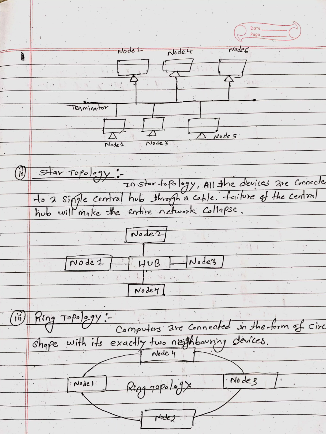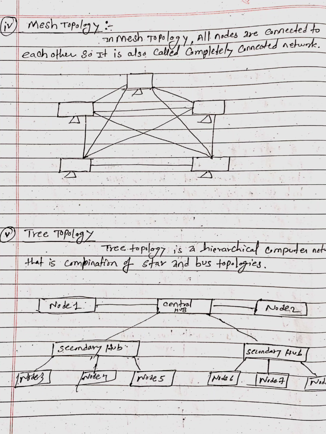Ring topology: computers are connected in the form of a circle with exactly two neighboring devices. Mesh topology: in mesh topology, all the nodes are connected to each other, so it is also called a completely connected network. It is a more reliable network.